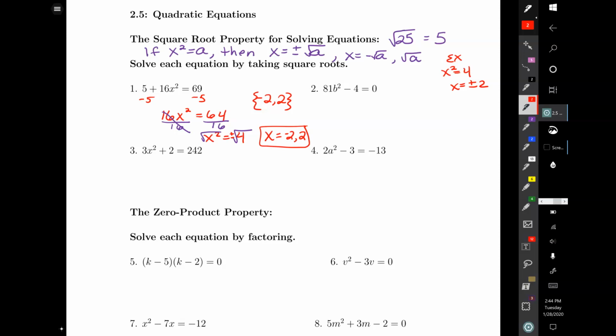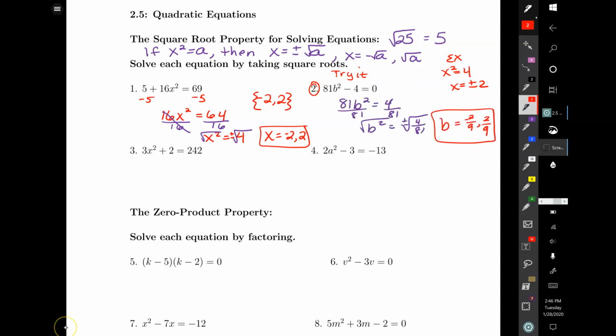I'm going to have you do number 2. You can do that as a try it. It's pretty similar. If you get stuck, just come back and look, but pause the video and do it on your own. 81b squared minus 4 equals 0. So the process for that would be add 4 to both sides, and then divide both sides by 81.